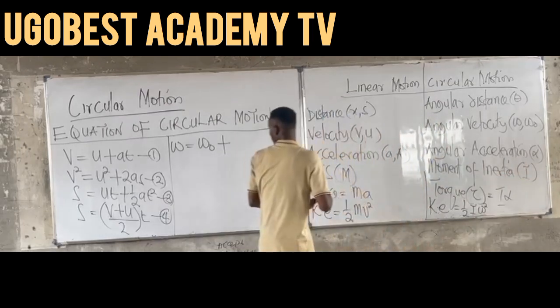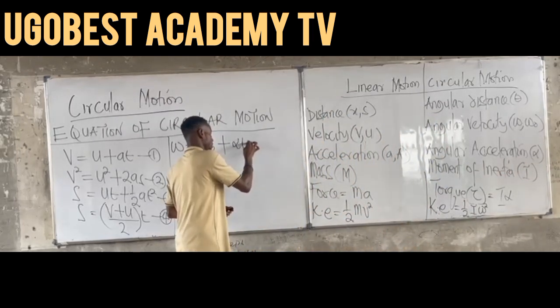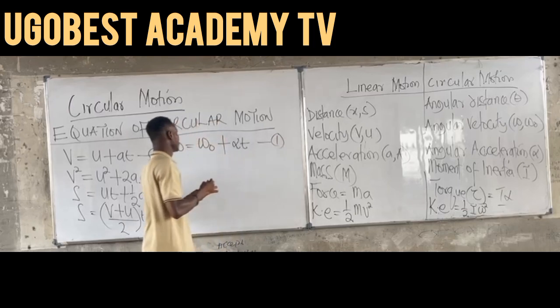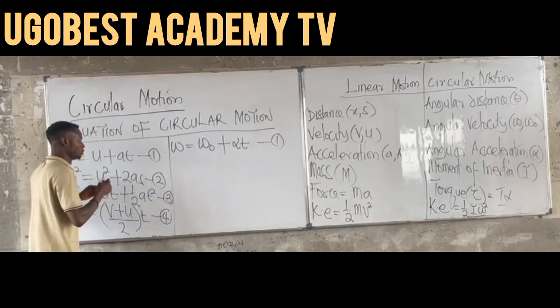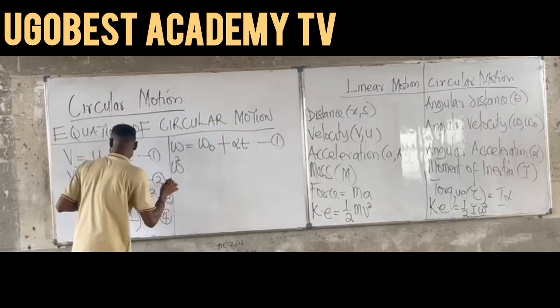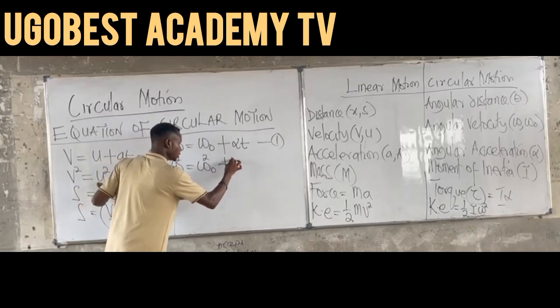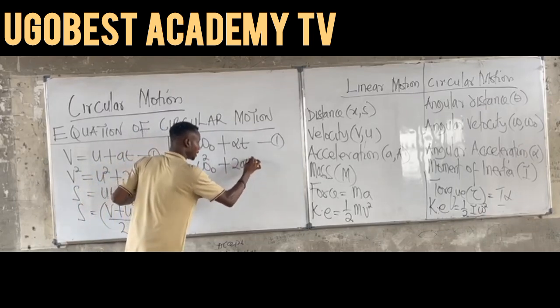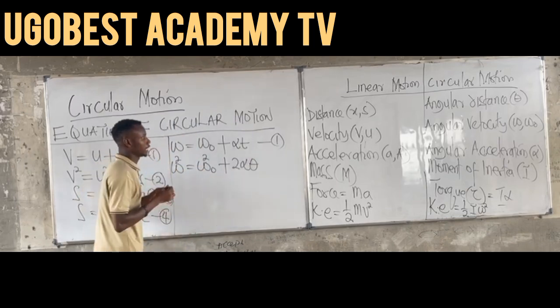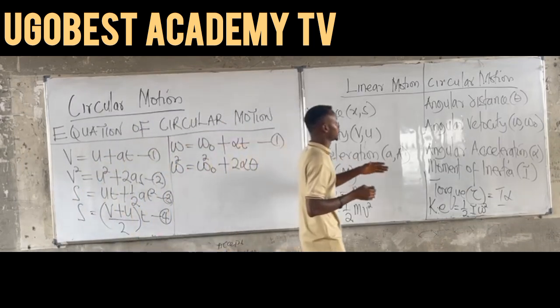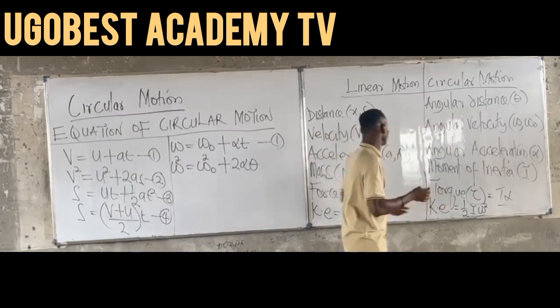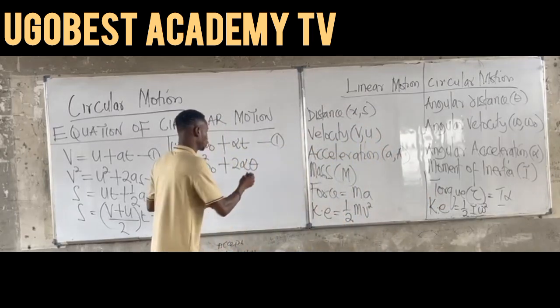Please take note. So this will be alpha t. This is equation 1. Do the same thing here. This will be omega squared is equal to omega naught squared plus 2 alpha theta. Our s here, that is displacement, angular displacement is theta. So when you do that, you are going to get equation 2.